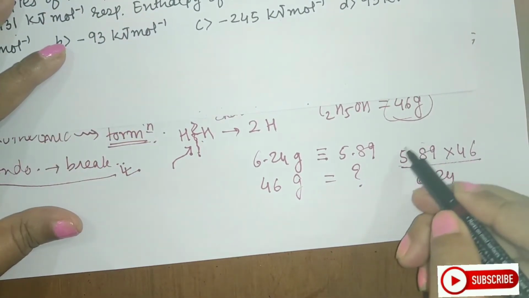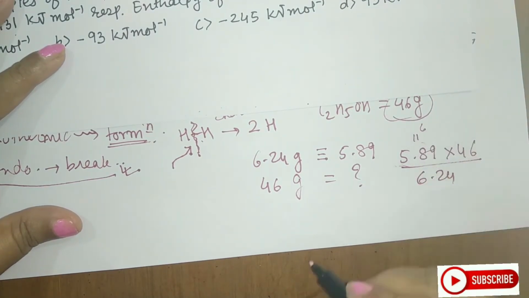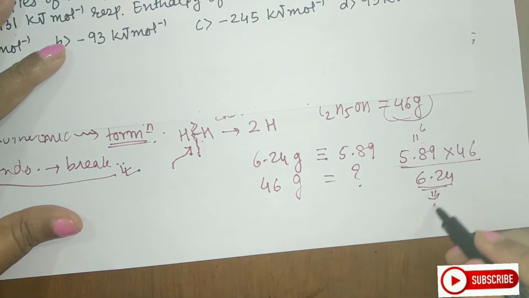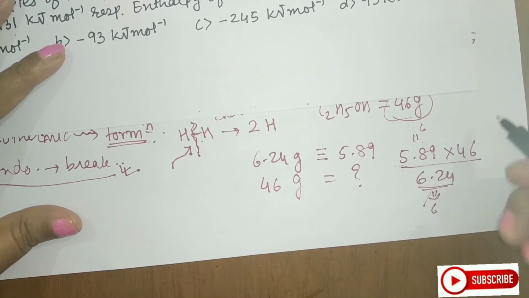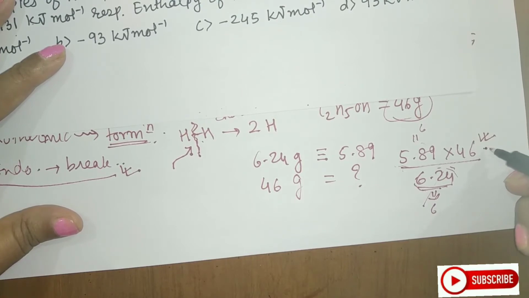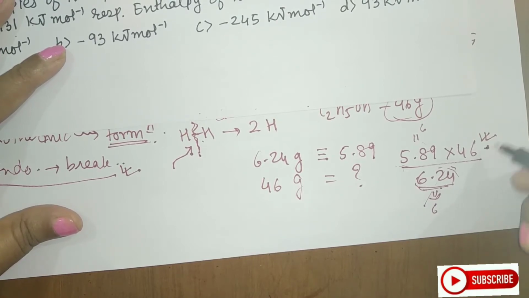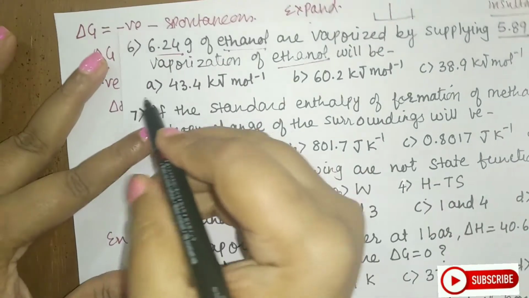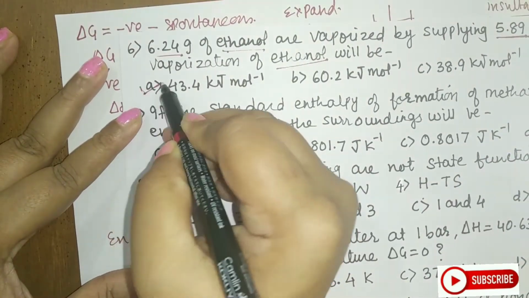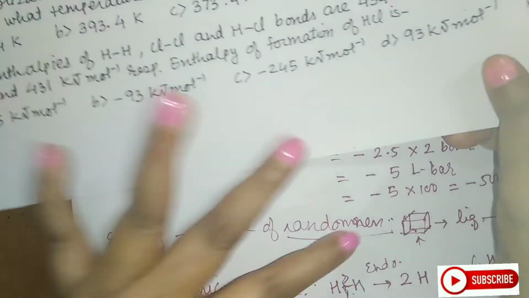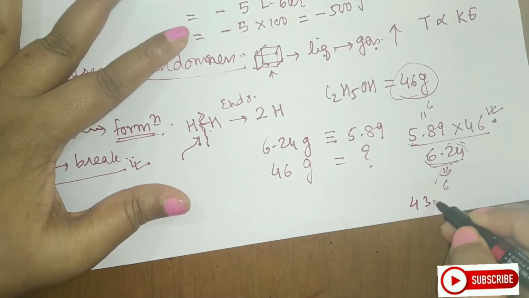Students, if you see, this is nearly equal to 6, and this is also nearly equal to 6. Meaning if I cancel this with this, I will get 46. But this is a slightly bigger value, and therefore this answer must be a little bit less than 46. So according to that, your answer here is the first option. If you calculate this, you will get exactly 43.4.